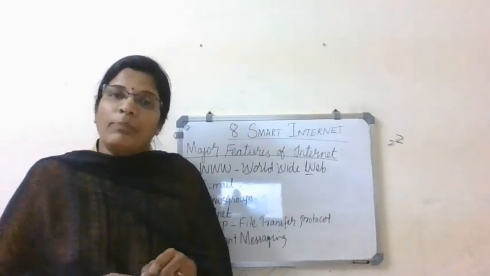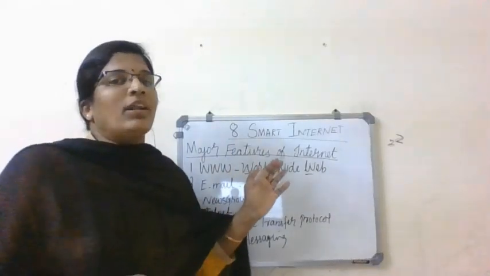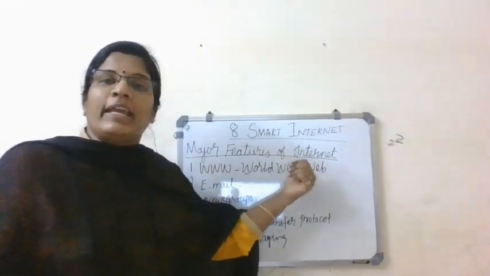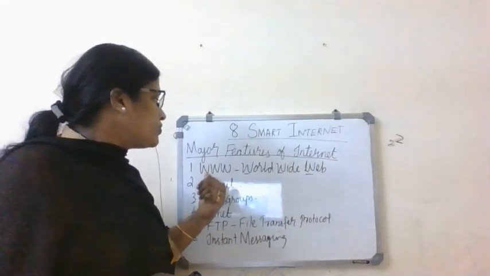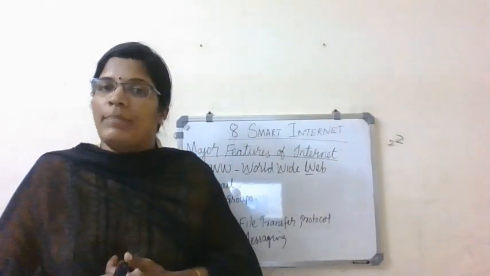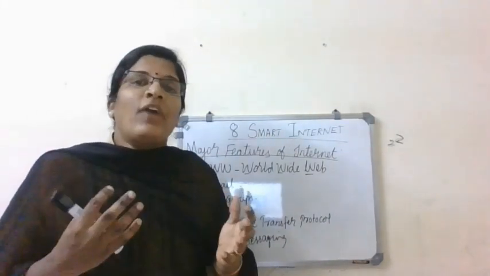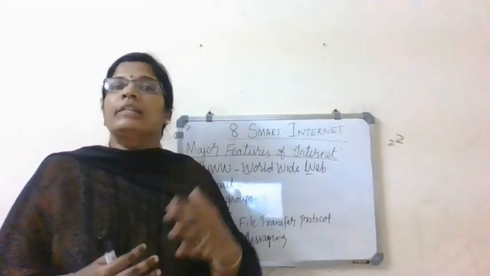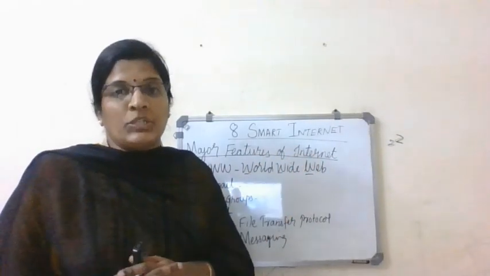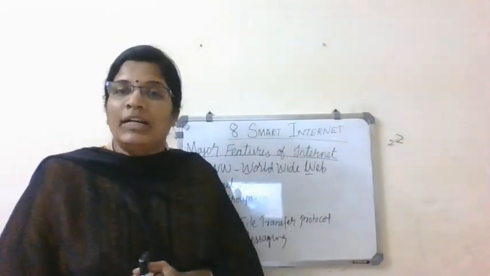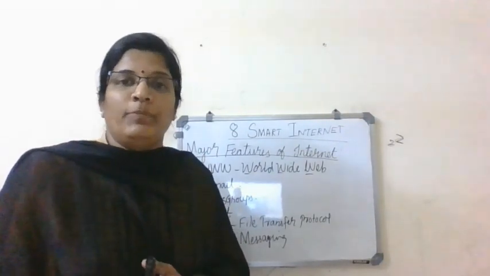So let's repeat it one more time. Some most important features of the internet are: when we say internet, the very first thing that comes to our mind is www, the World Wide Web, which consists of billions of hypertext documents. Whatever information we are searching for, we get from the www.